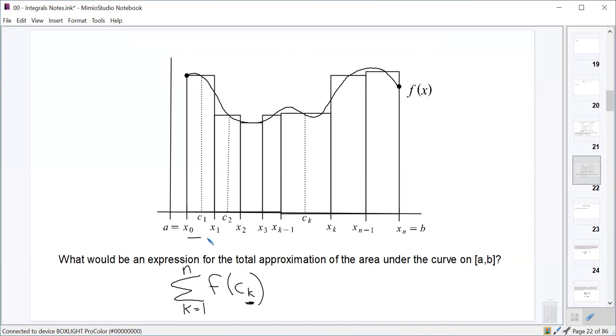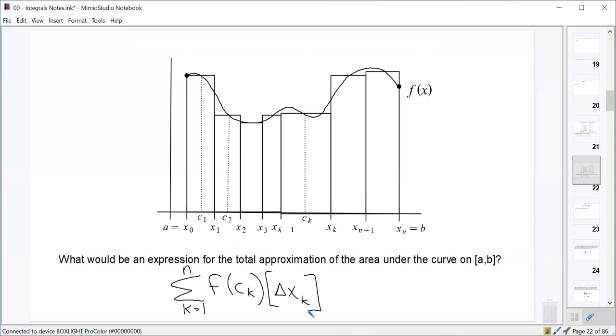K equals 1 would be the first interval, k equals 2 the second, k equals 3 the third, and so on, all the way to the end, so to n. And then we multiply that by the change in the x value for each subinterval, so delta x sub k.